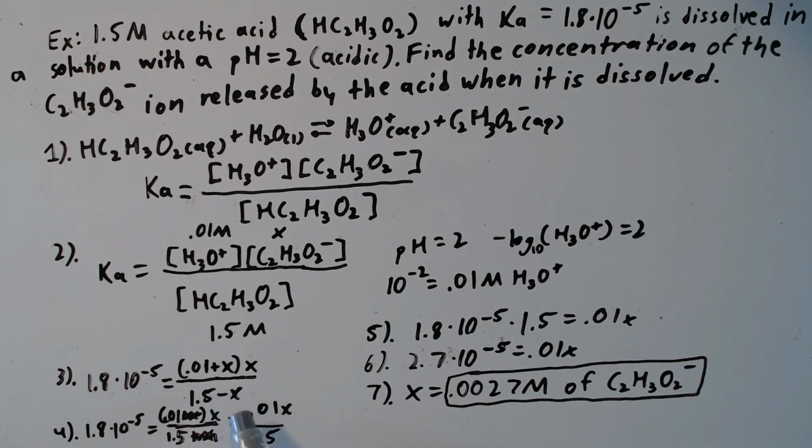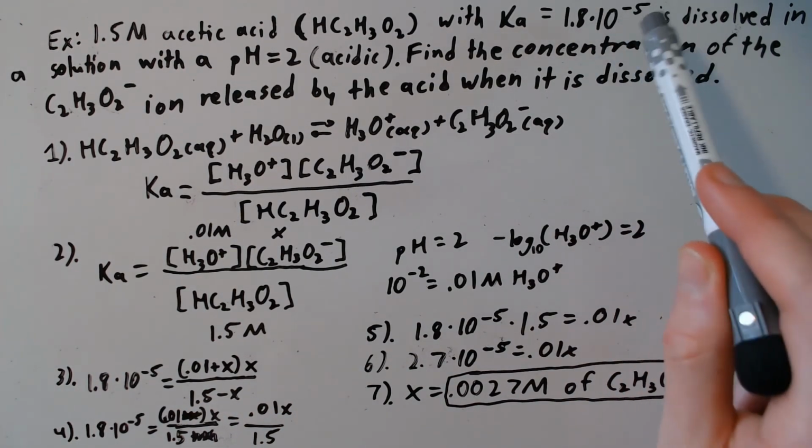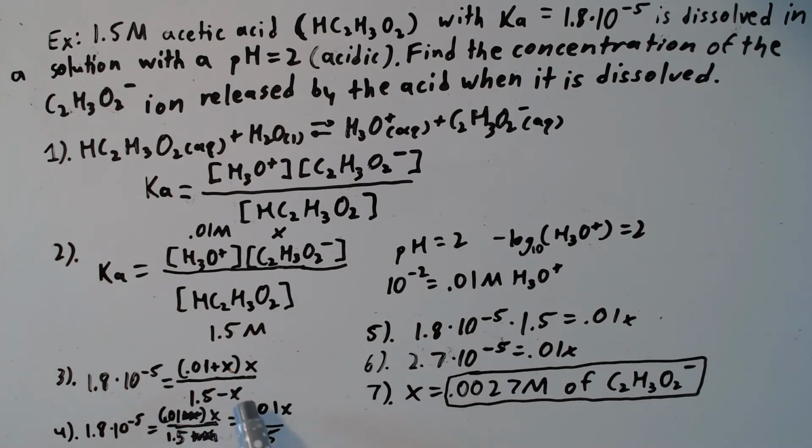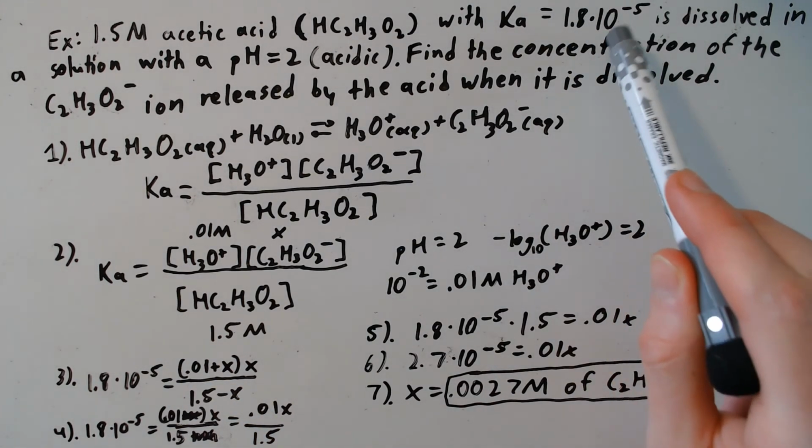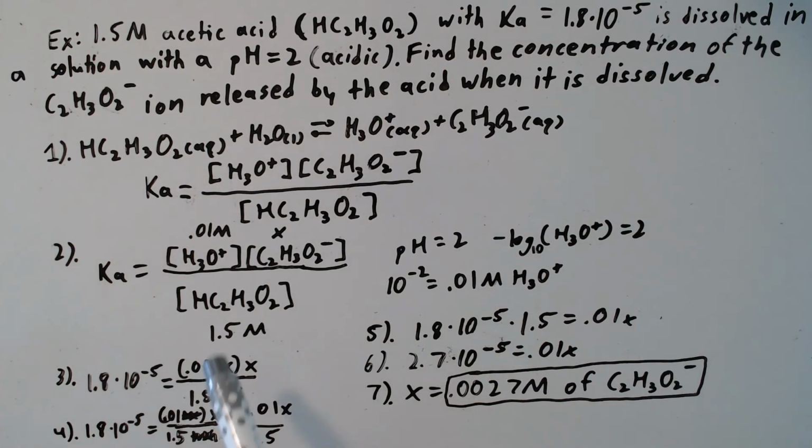Because this X is negligible, because the initial concentration of the acid is so much greater than 1.8 times 10 to the negative fifth that so little of this acid actually dissociates that this minus X, we don't need it. The bottom value essentially stays the same. And we can actually do the small number approximation on the top. Since this initial concentration of H3O+, the 0.01, is definitely more than 100 times greater than 1.8 times 10 to the negative fifth, we can also cross out this plus X, because the amount of H3O+ added here is very small.